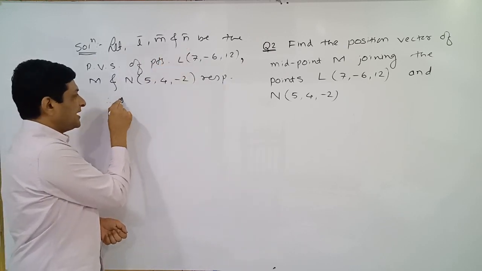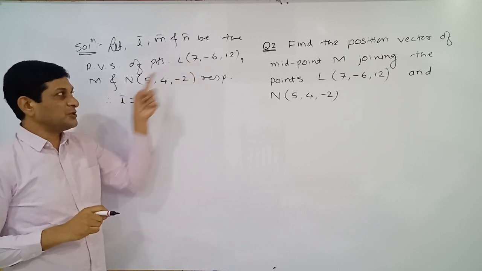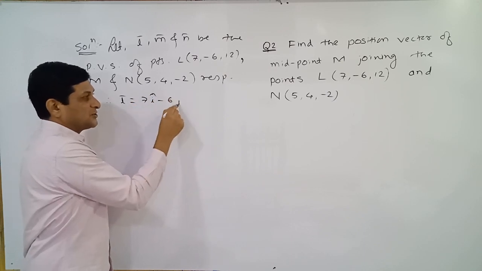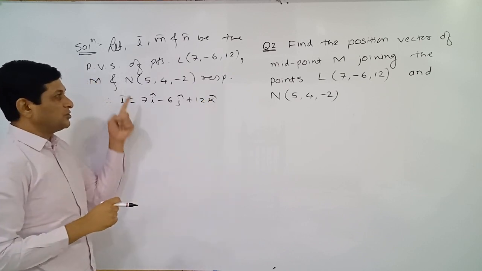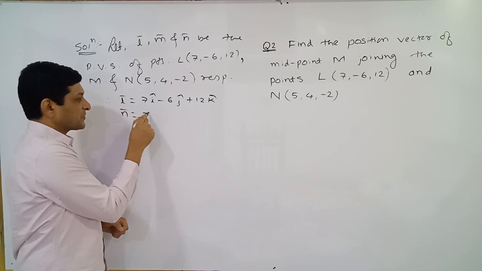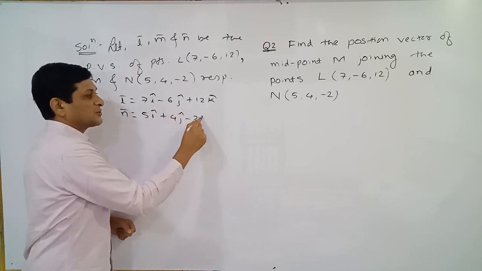Therefore L bar will be equal to 7i cap minus 6j cap plus 12k cap, and the position vector of point N, N bar, is equal to 5i cap plus 4j cap minus 2k cap.